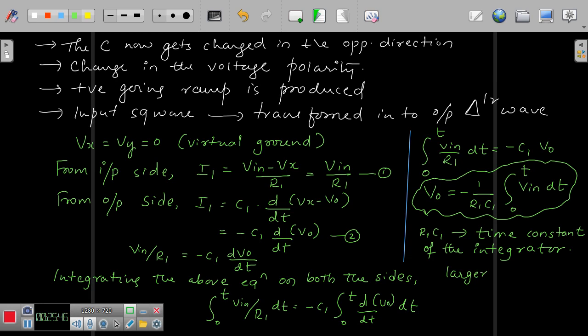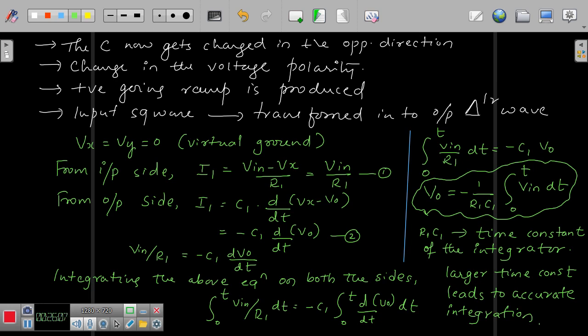Larger time constant leads to accurate integration, right?